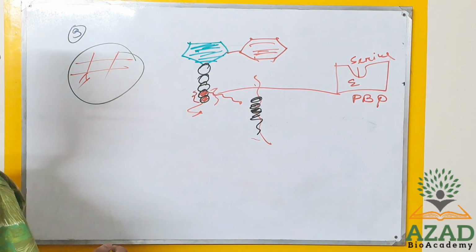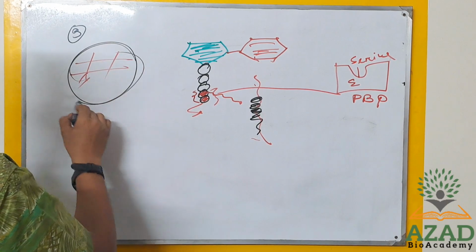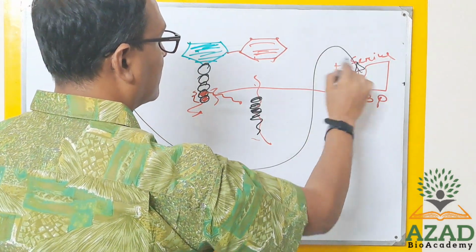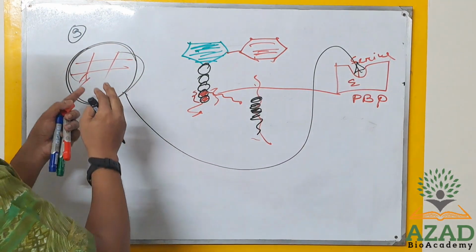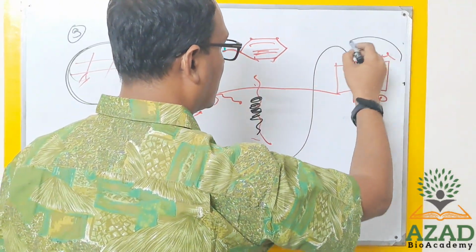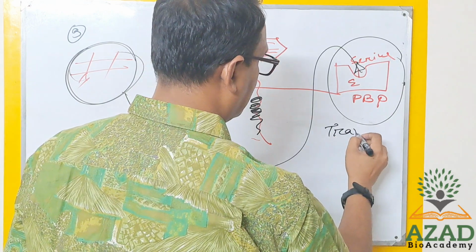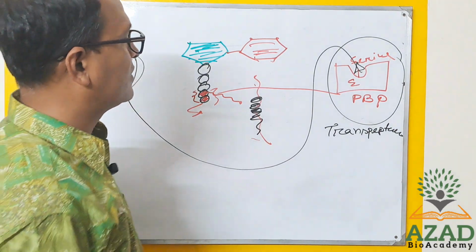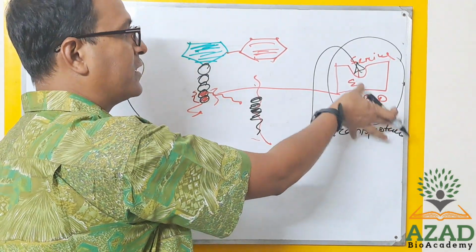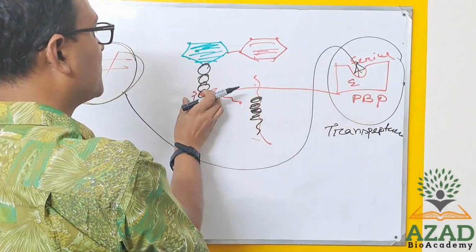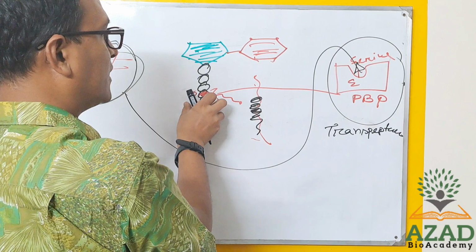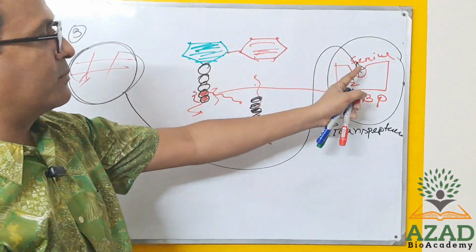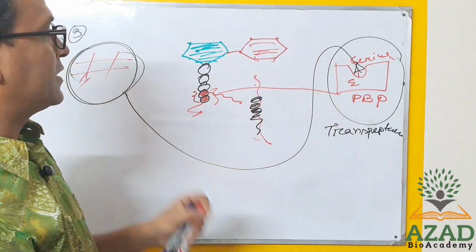So the beta-lactam antibiotic will bind with the transpeptidase enzyme, that is PBP. Then this enzyme will be blocked and inhibited, and it has no chance to bind with the 4,5 dipeptide of D-alanine, because it is already blocked by the beta-lactam antibiotics.